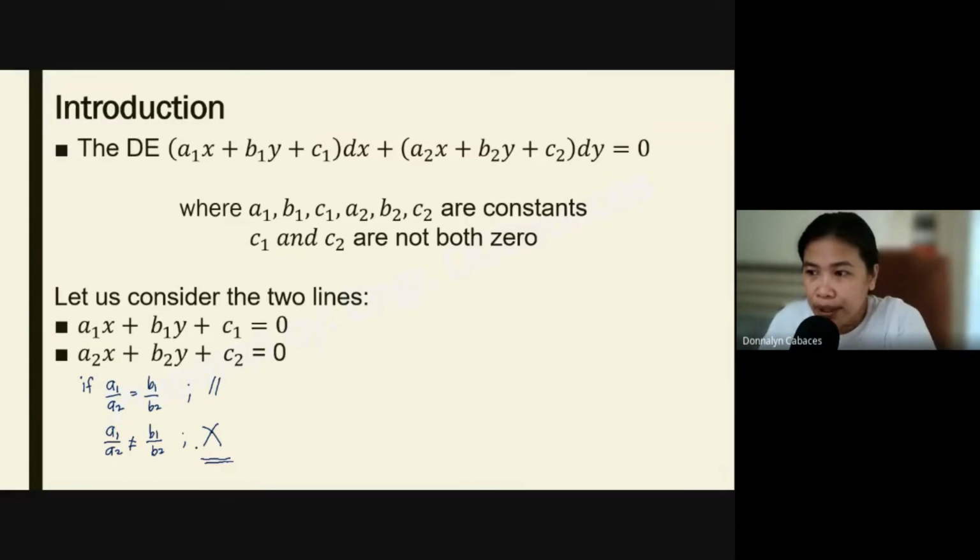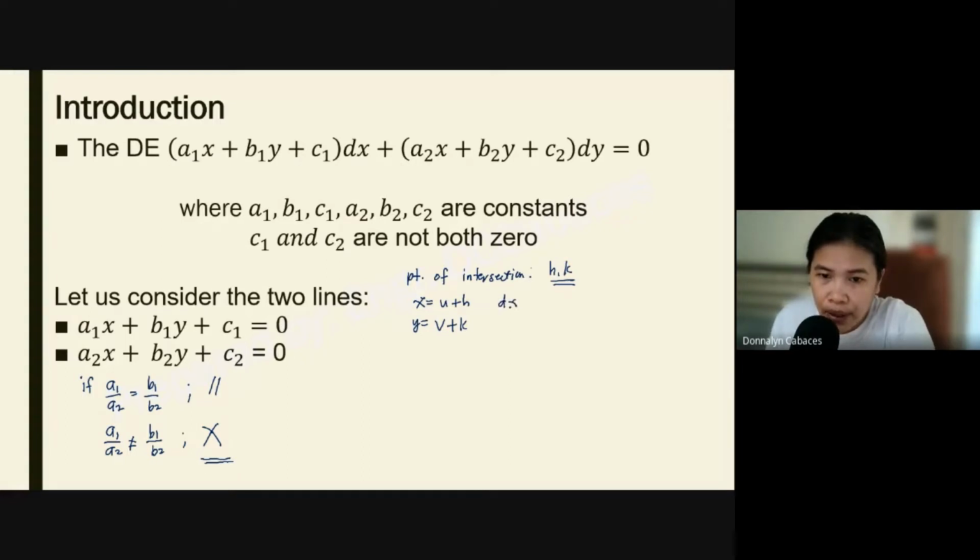So if we have intersecting lines, what you need to do is to find first the point of intersection. And this point of intersection will be designated as h and k. Then you will be having the introduction of the new variables that x would be equal to u + h and your y is equal to v + k, wherein h and k are the points of intersection.